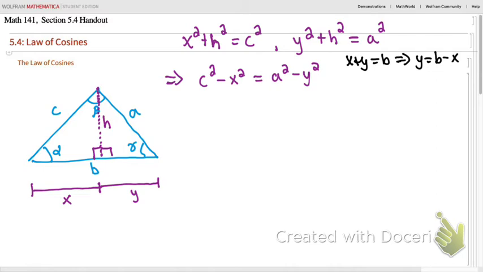X and y are the bases of each of the right triangles. Subtracting x from both sides, we get y equals b minus x. Substituting that into the previous formula, we get c squared minus x squared is equal to a squared minus b minus x squared.